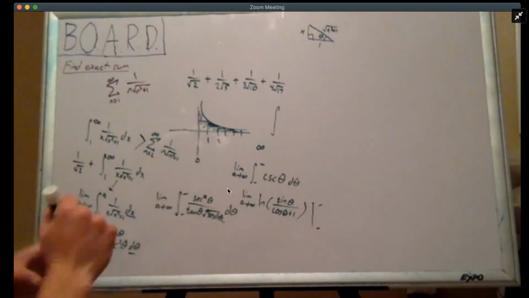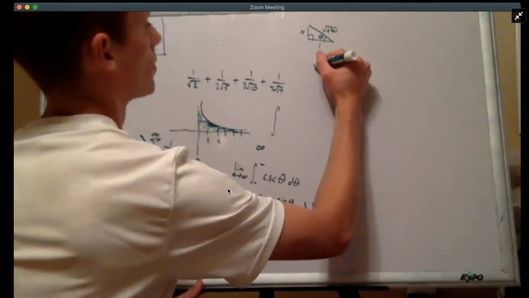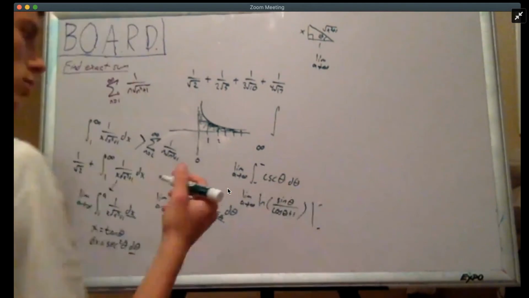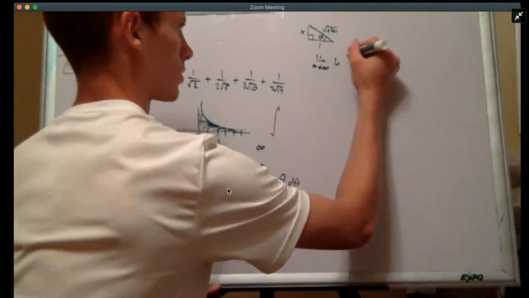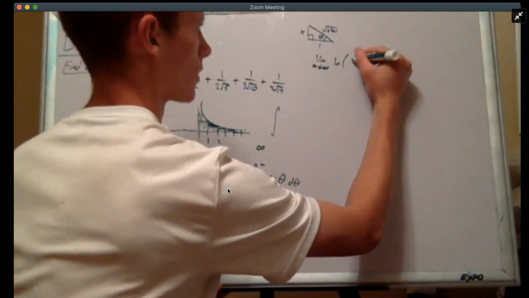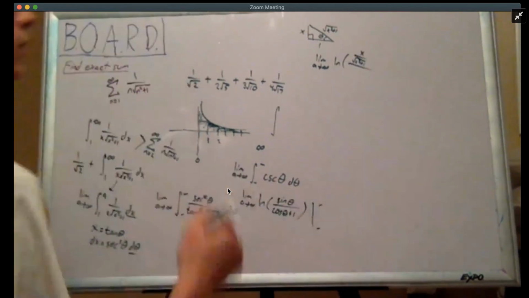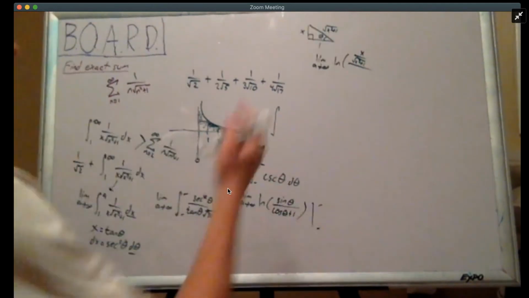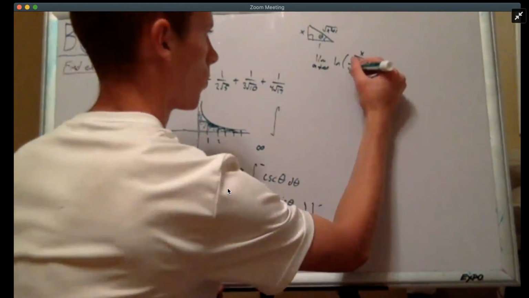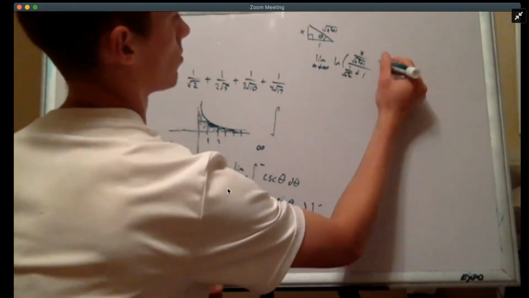Meaning that we can put this back into terms of x, and it's the limit as a approaches infinity of natural log of x over square root x squared plus 1, because sine is x over that, over 1 over square root x squared plus 1 plus 1.